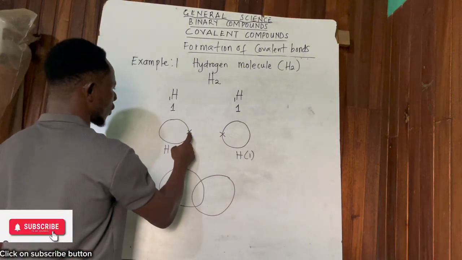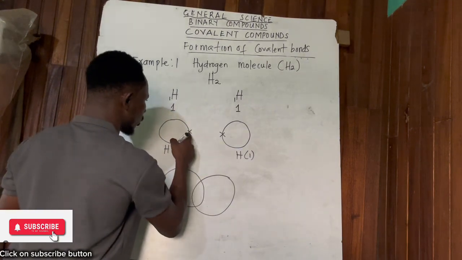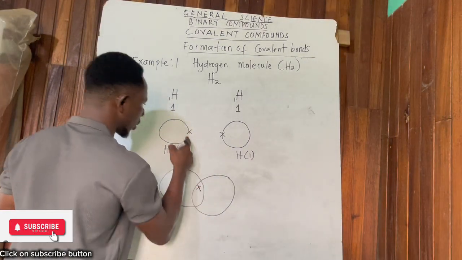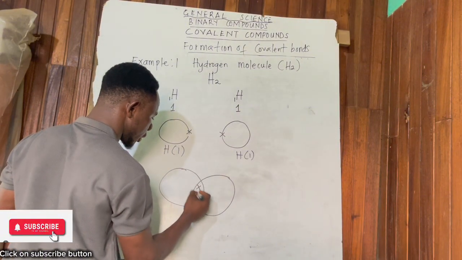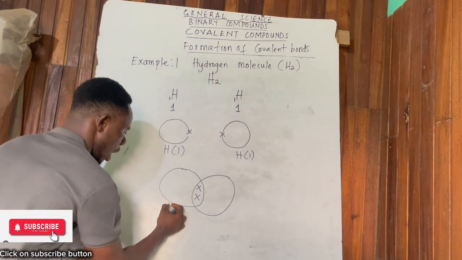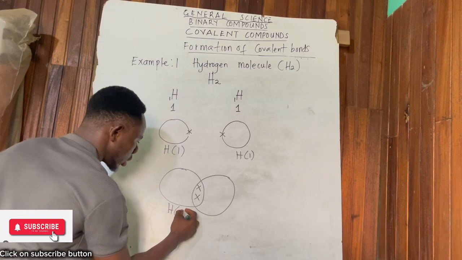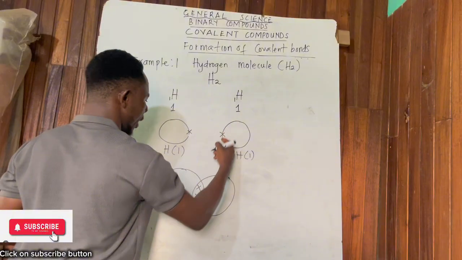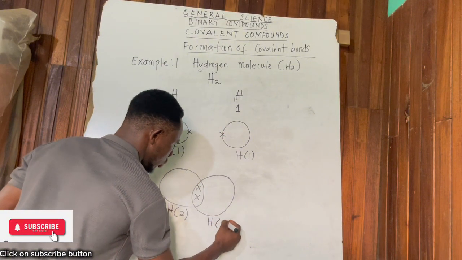First of all, we are drawing for this. This is going to share the one. This is going to share the one. This is also going to share the one like this. So the hydrogen here will be how many? 2. And the hydrogen here is also going to be 2.